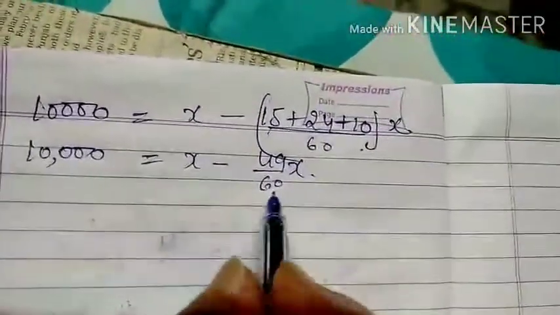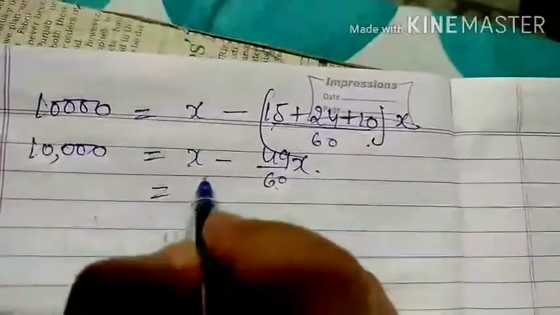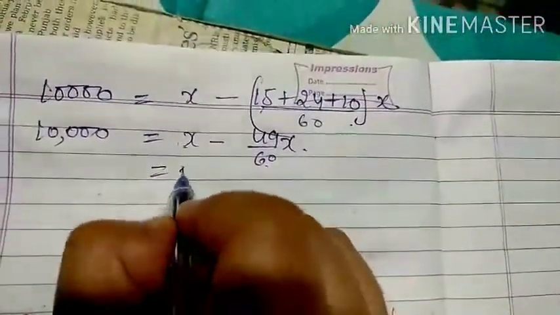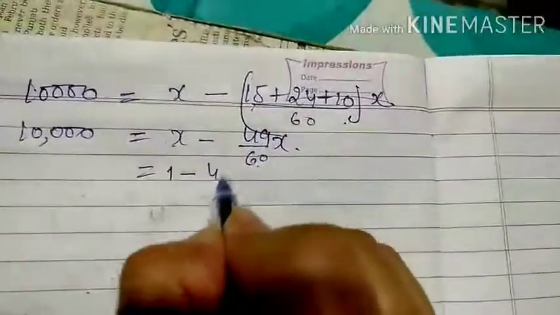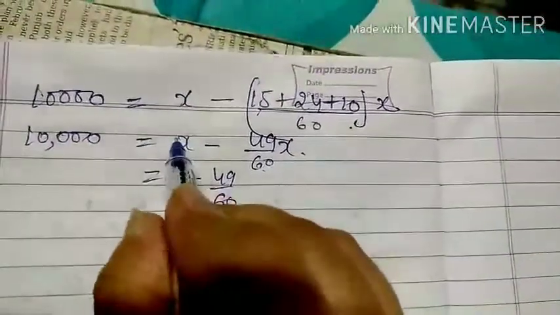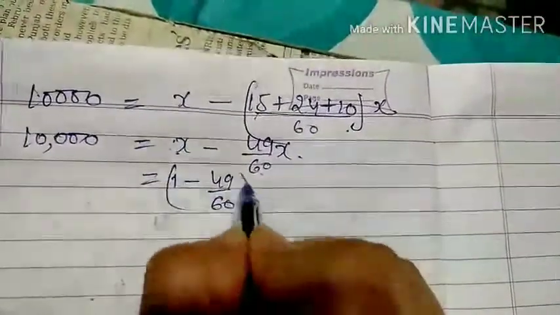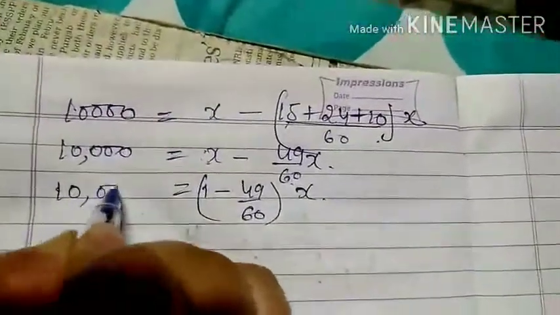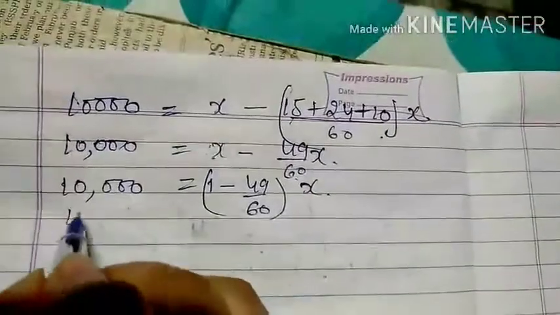Now I take x common, because we can't add the variables, only the numerical part is added or subtracted with that variable. If there is no variable term, only a numerical term, we consider it as 1. Now here that is 10,000.